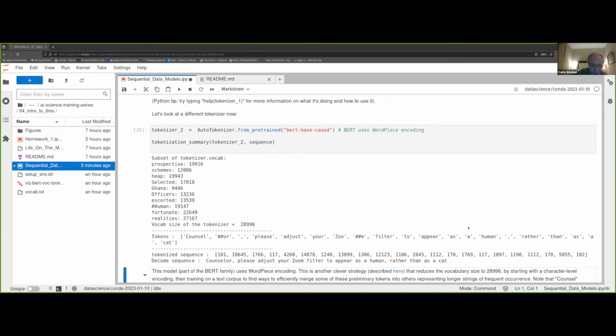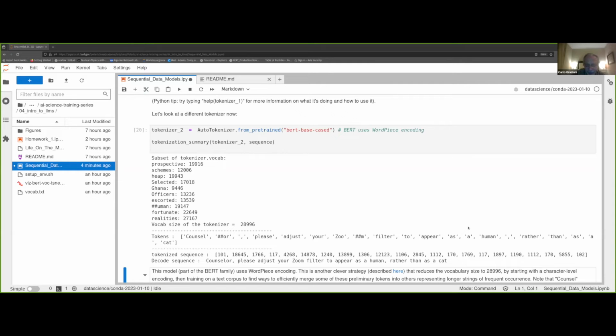It split counselor into counsel and or, and it split Zoom into zoo and M, presumably because it found a lot of zoos that it can represent, and it can just add an M to those. Okay, so that's what it does. And then you tokenize the sequence and then rebuild it. And of course, the same sequence comes back.